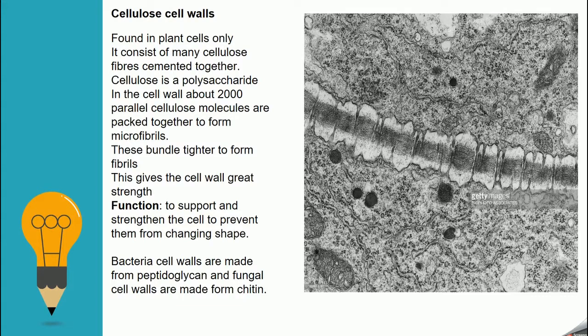And so these cellulose molecules packed together bundle tighter to form fibrils, and this gives the cell wall great strength. And basically the function of this is to support and strengthen the cell to prevent it from changing shape. And bacterial cell walls are made from peptidoglycan, and fungal cell walls are made from chitin.